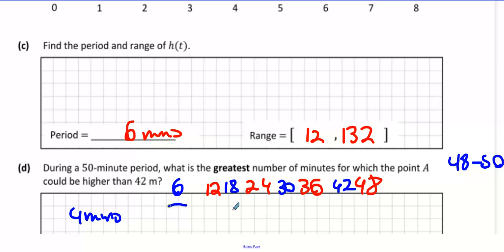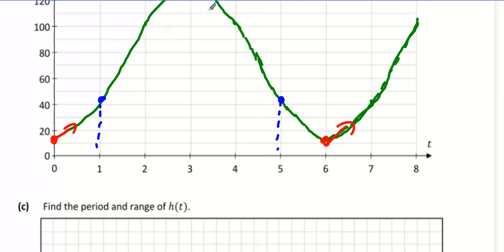And how many 4 minutes do we have here? There's 8 sets of 4 minutes, so that's going to be 32. Is that all right? 32 minutes. Now, what happens in between 48 and 50? Is it still below? It's just this little region here, isn't it?